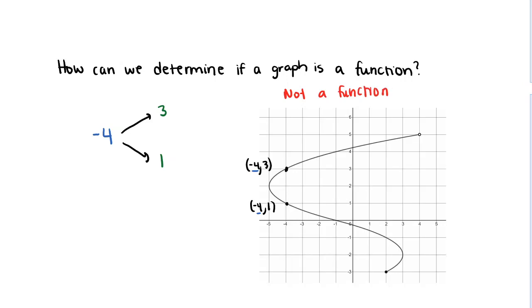And really, this happens only when we find 2 points that lie vertical to one another. Right here, the fact that we can draw this vertical line and it crosses our graph more than once, that's telling us that there are 2 points that have the same input coordinate. And so this leads us to what we call the vertical line test.